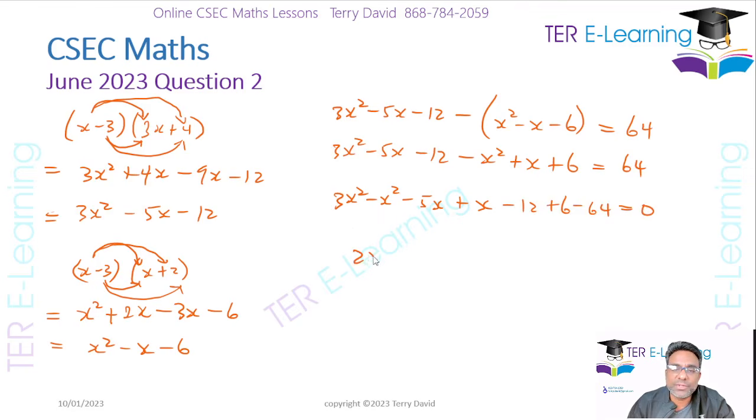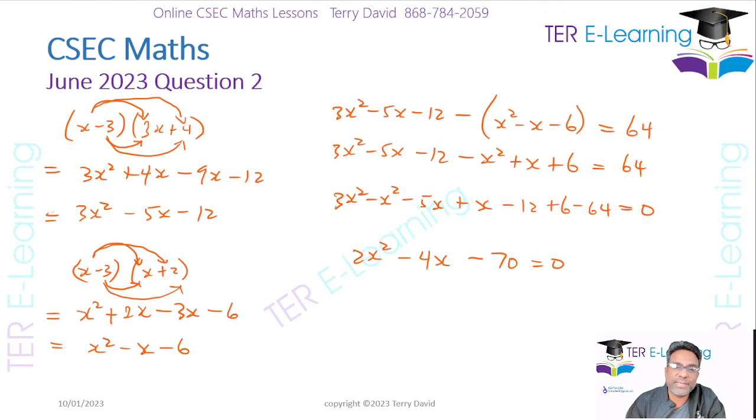So this is going to be 2x squared, minus 5x plus x is going to give you minus 4x. And last part is going to be minus 12 plus 6 minus 64. And you're going to get minus 70, right? So this is looking like we're going to get it now. So this is minus 70 is equal to 0.